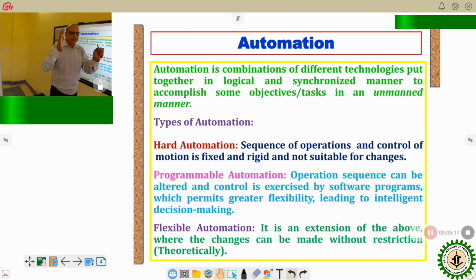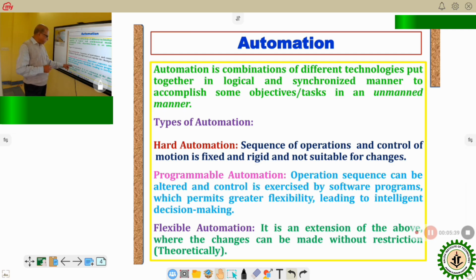Under the IMS paradigm, whenever we talk about automation, it is definitely programmable automation. Another version, which is an extension of programmable automation in a broader perspective, is called flexible automation. It is an extension of the above where changes can be made without restriction.